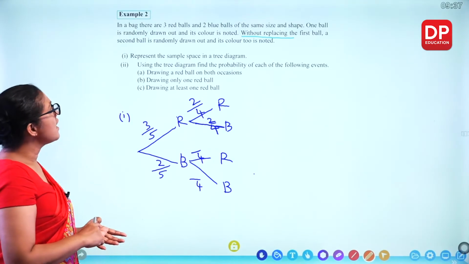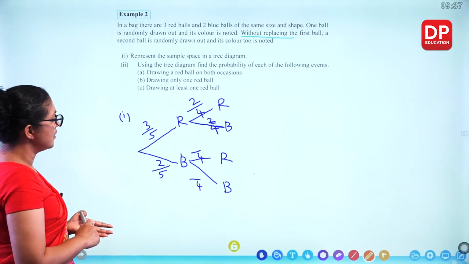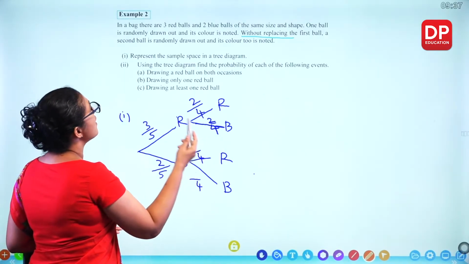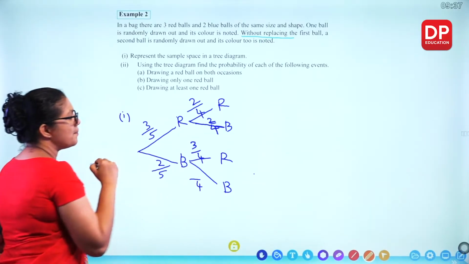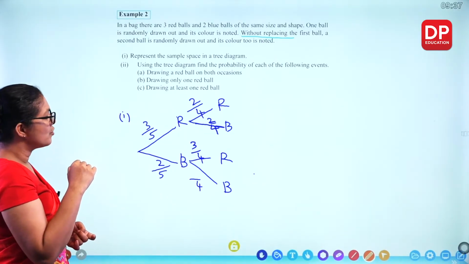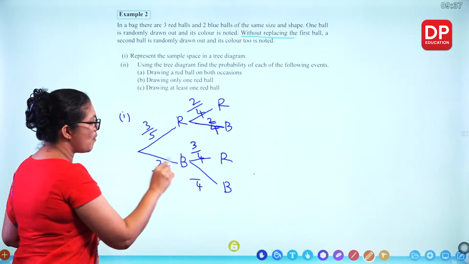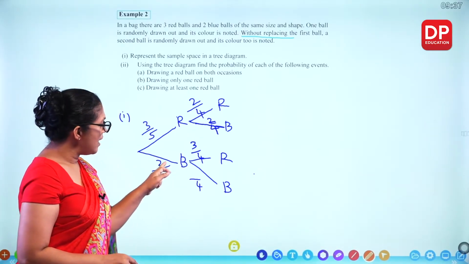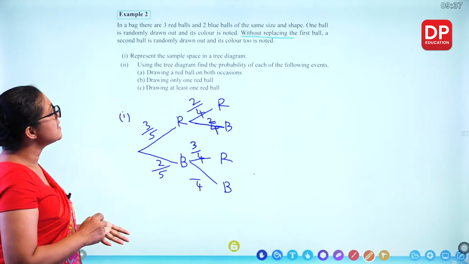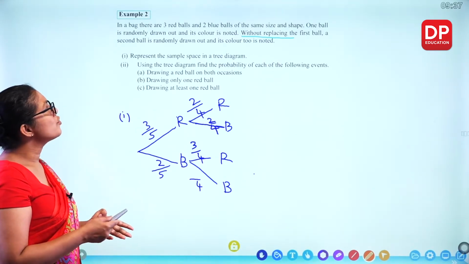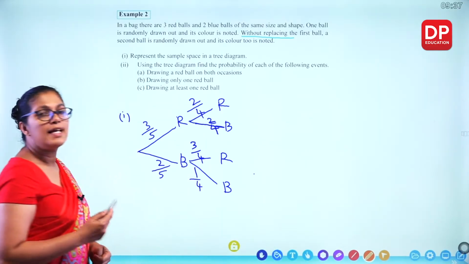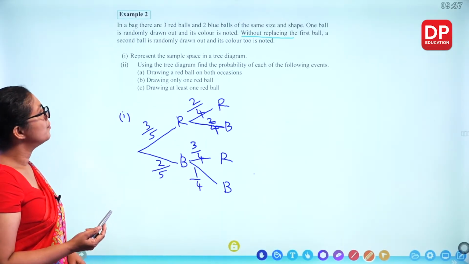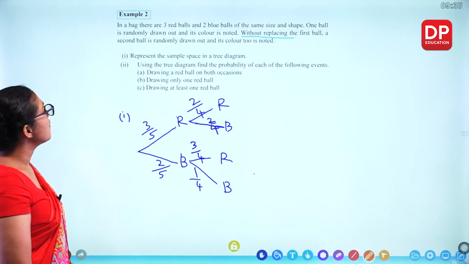First time you have taken a blue one and now taking a red one. How many red ones are there initially? 3. So this becomes 3 over 4. So what is the next one? This should be 1. Now when you look at it this way, already one blue one is taken. So out of 2, 1 already gone. So 1 remaining. So definitely this is 1 over 4. So this is the tree diagram.